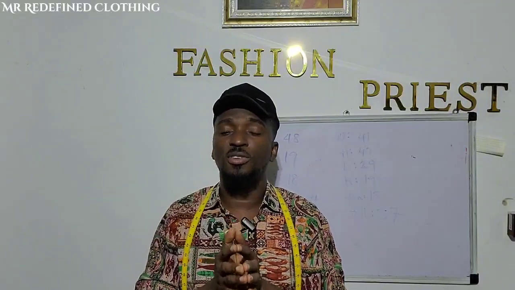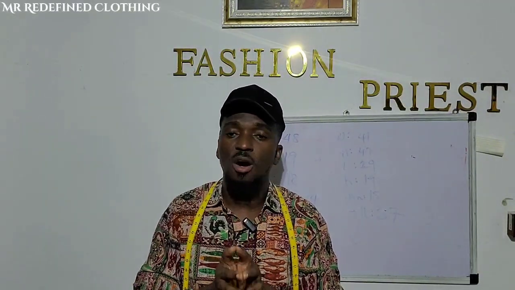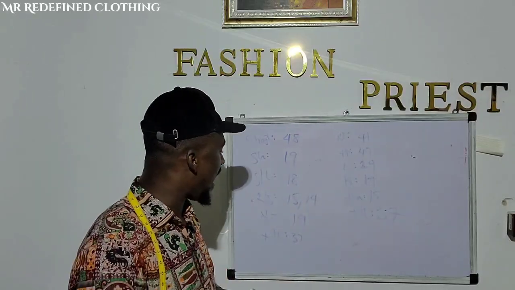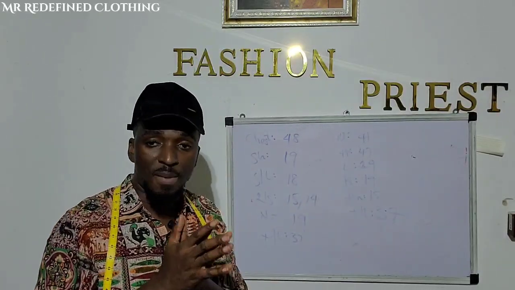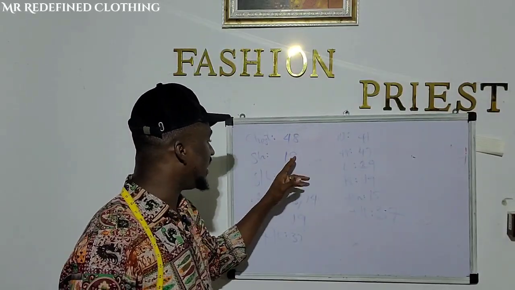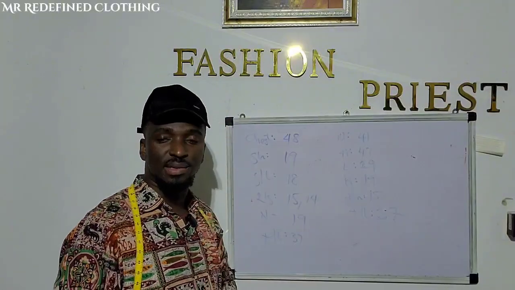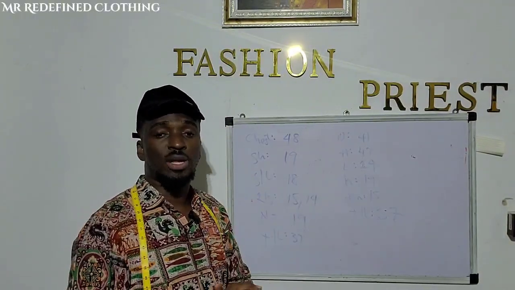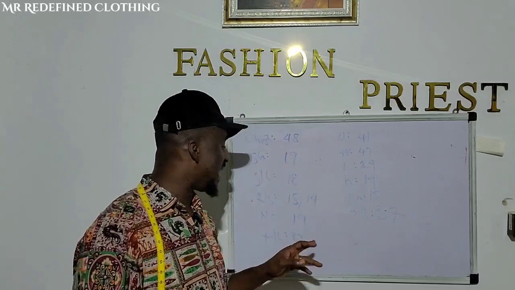Now, this occurs in at least 80% of the measurements I have come across. So in this measurement we have, it's a pure confirmation that the shoulder is 19 and the neck is 19. But this does not mean that all shoulders of 19 come with a neck of 19.